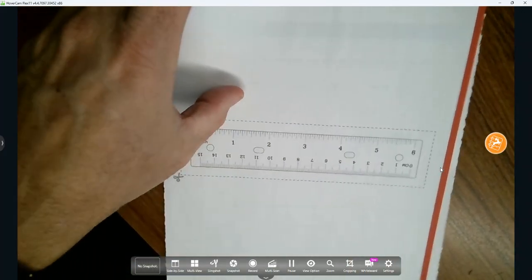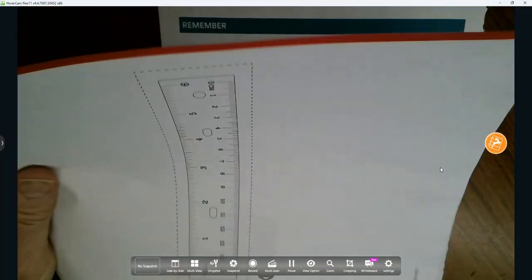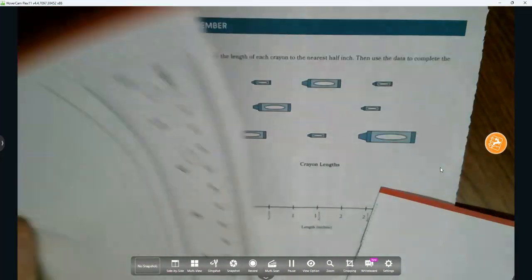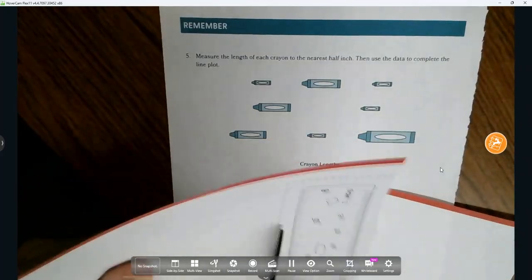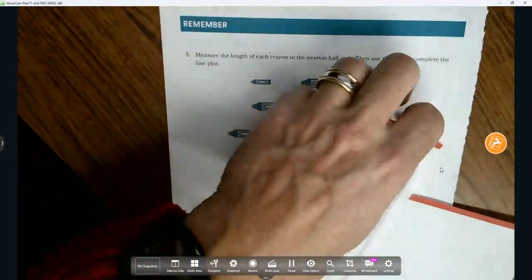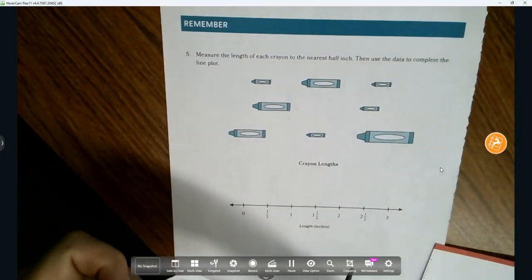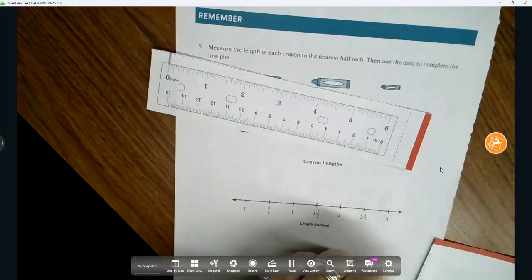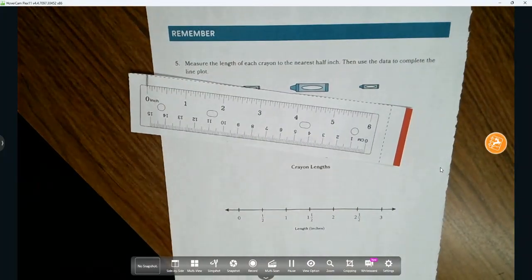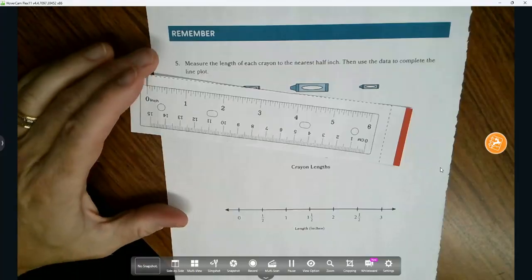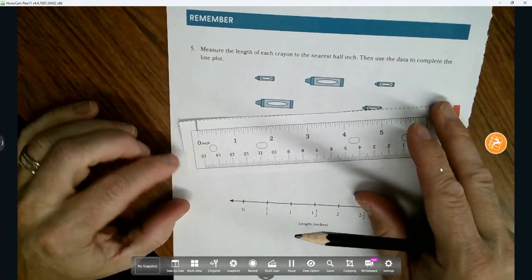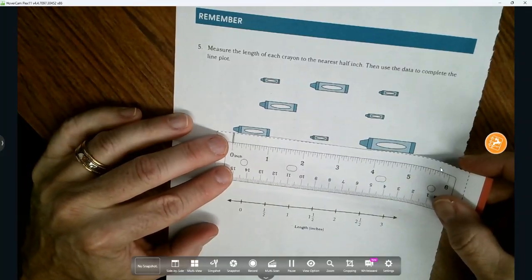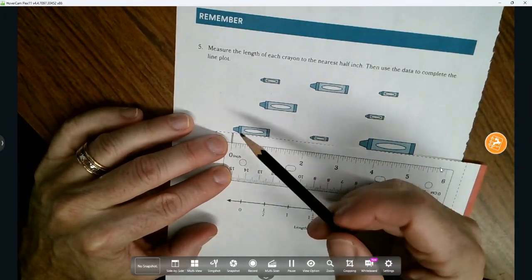So if we just have the edge of our ruler, and I got my little line drawn there to help me. I should have cut that out ahead of time, but I wanted to wait, apparently. So when I go to this first crayon right here, I'm going to line that up at the tip of the crayon because that's where it starts.